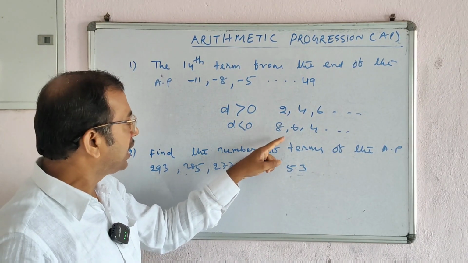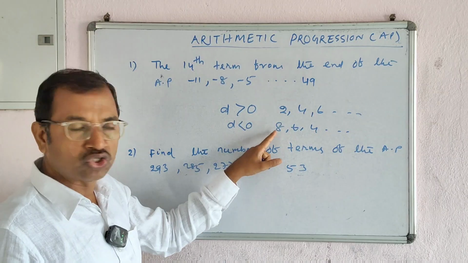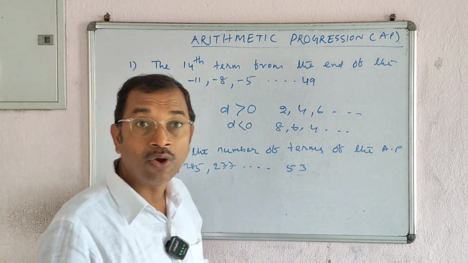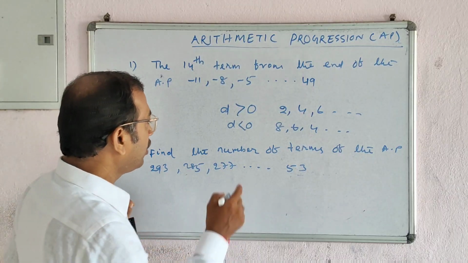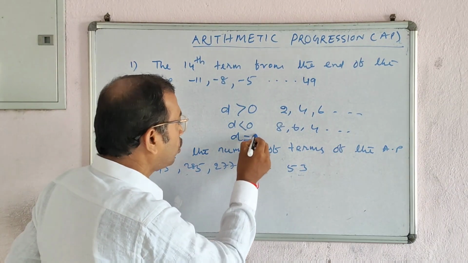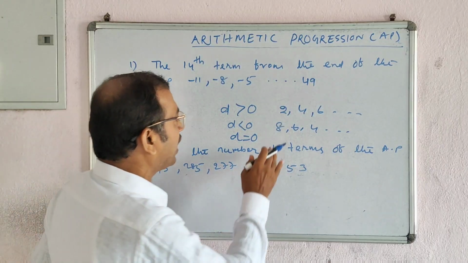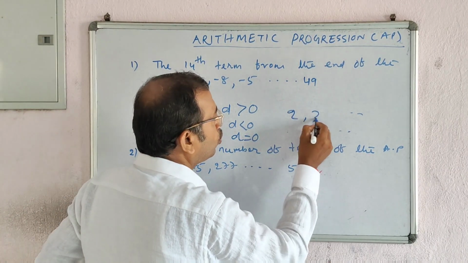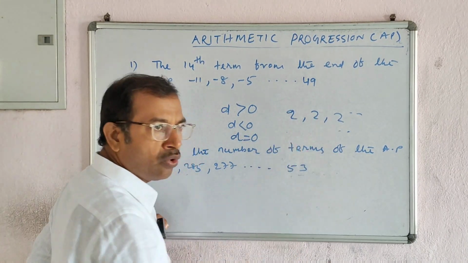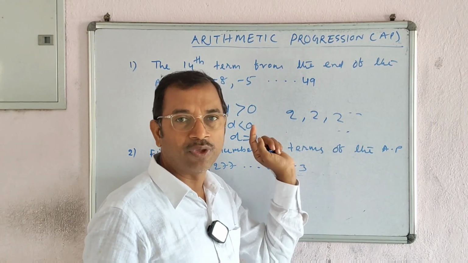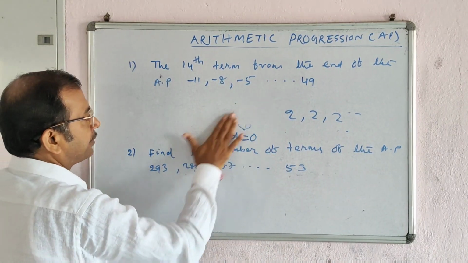How do we find the common difference? 6 minus 8 is minus 2. If the common difference is less than 0, the series is in decreasing order. One more important thing here: if d equals 0, what happens? The same term will repeat again and again. Suppose 2, 2, 2. So d is 0. So this is also an AP, but each term is the same. Okay, so this is the concept.